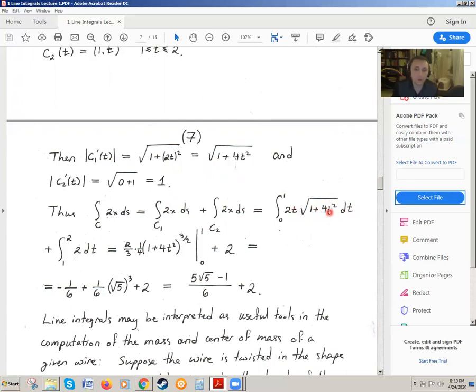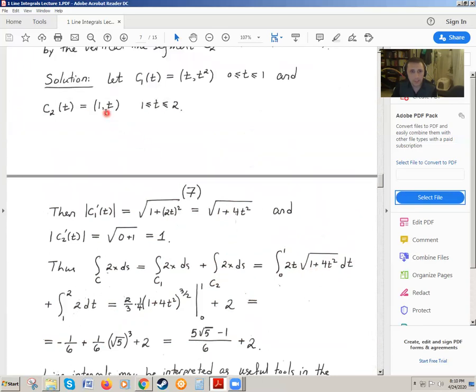Now for the second part, C2, what do I do here? I know that x for the second part equals 1, and the corrective factor is simply 1.